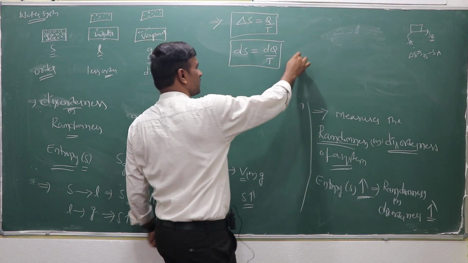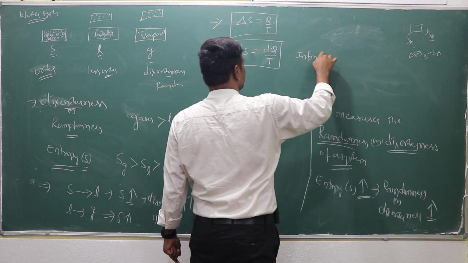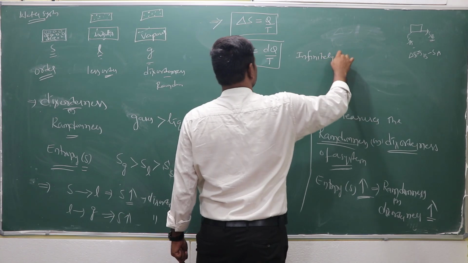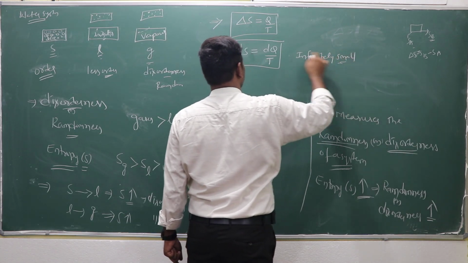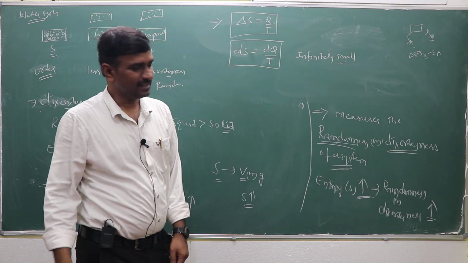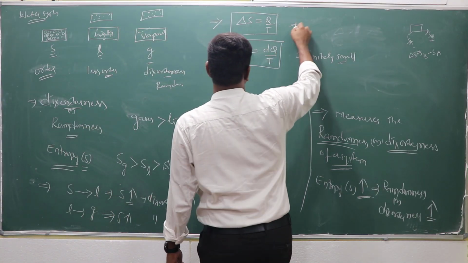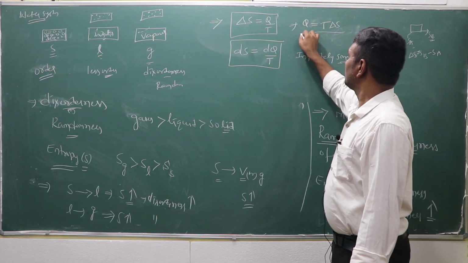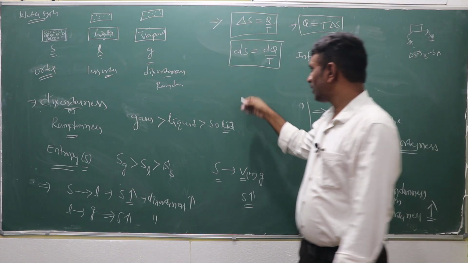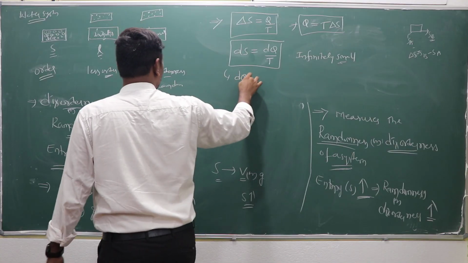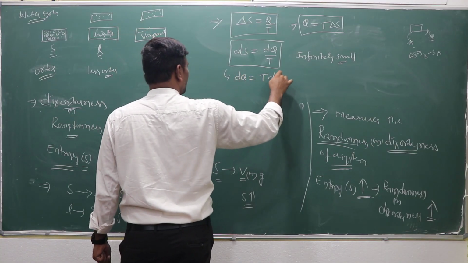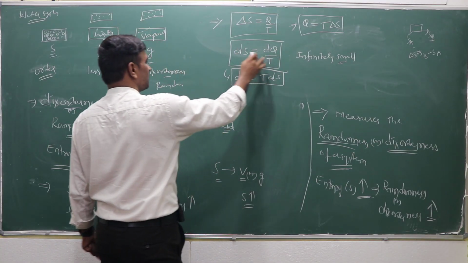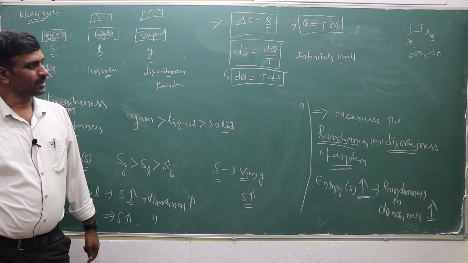If infinitesimally small changes take place, dS is equal to dQ by T. And from this we can also say that Q is equal to T into delta S, or dQ is equal to T into dS, right?